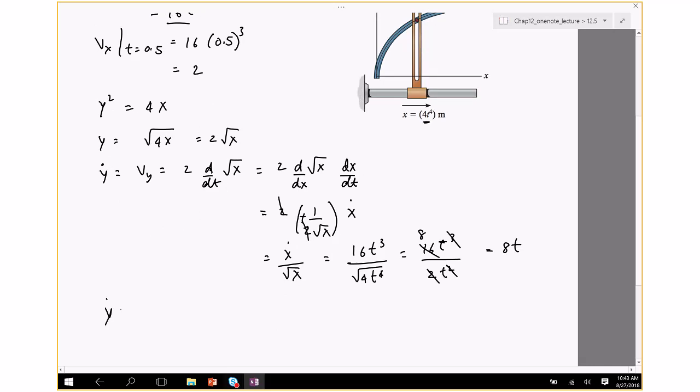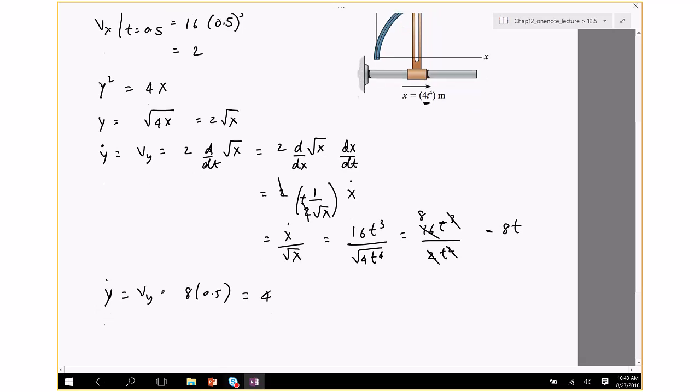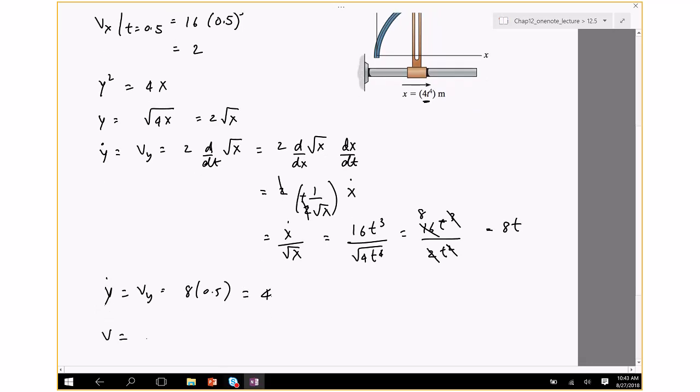So y dot, which is vy, is 8 times 0.5, which is 4. And finally, to find v, which is the square root of vx squared plus vy squared, it's going to be 2 squared plus 4 squared, the square root of that. 4.47.